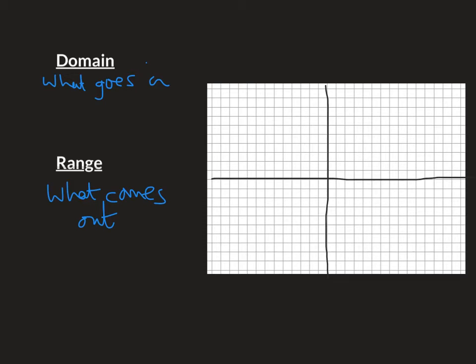The way I like to think of it is, if I've got a graph like the one on the right, the domain is anything along the x-axis that's going to have a point on the graph, and the range is anything on the y-axis that's going to come out.